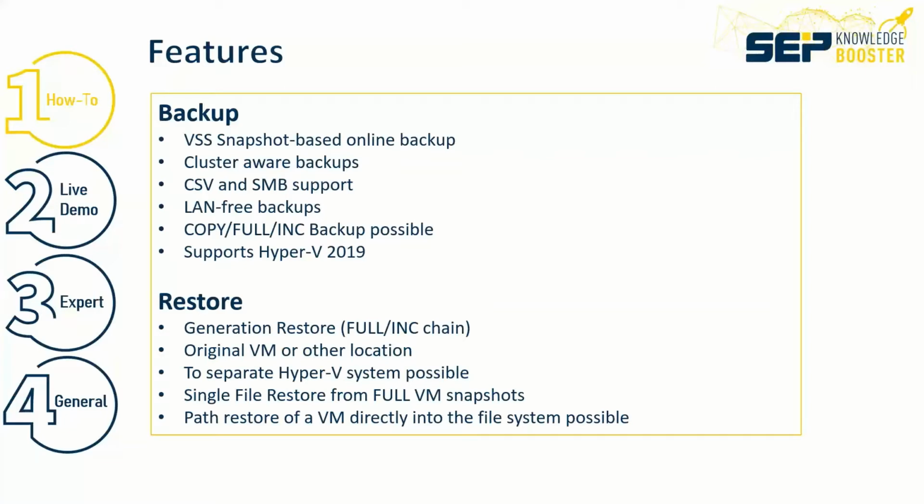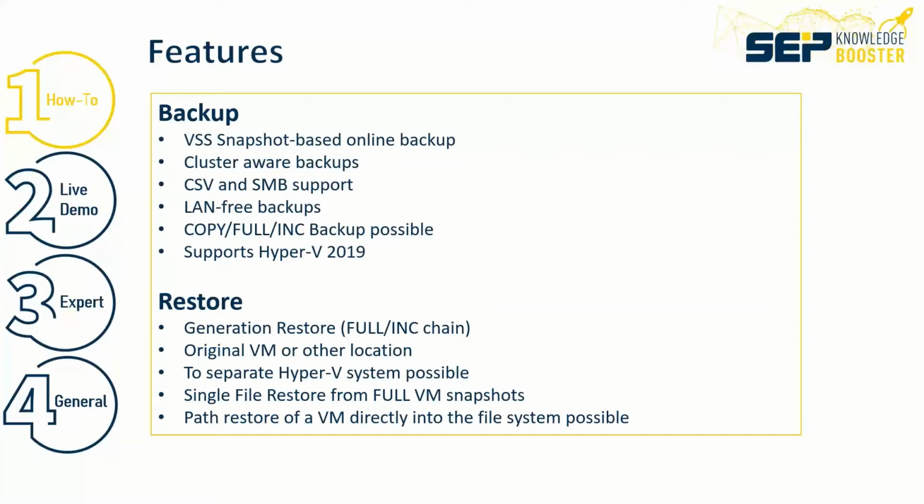You can restore an original virtual machine to another location. You can also rename a virtual machine, so you can automatically create a new virtual machine out of that backup. You can also use separate Hyper-V systems. That means also between different locations, different data centers, as an example.